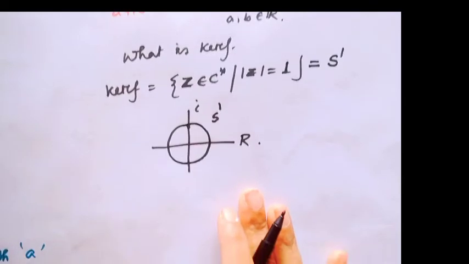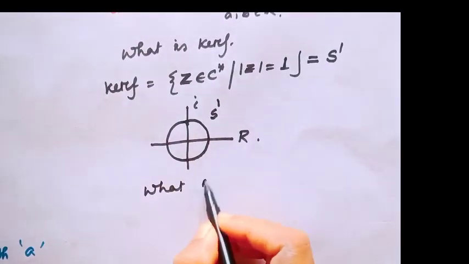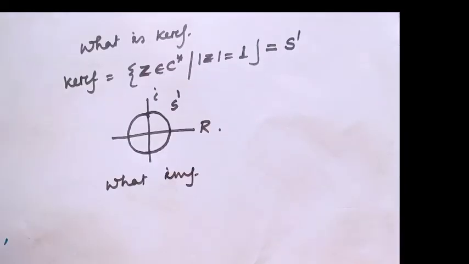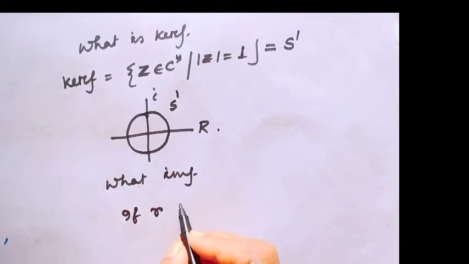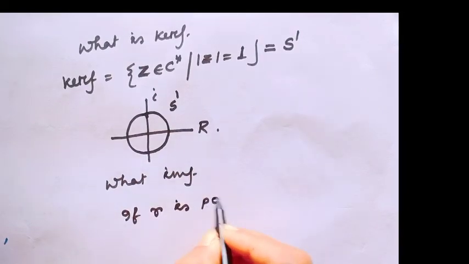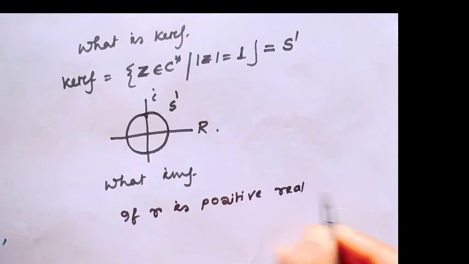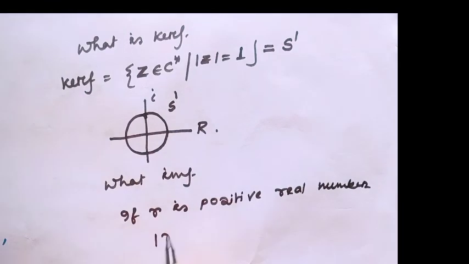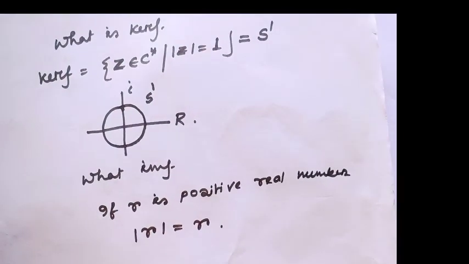Okay. Now my question, what would be the image of f? If r is any positive real number, then the absolute value of r is always equal to r. Okay.